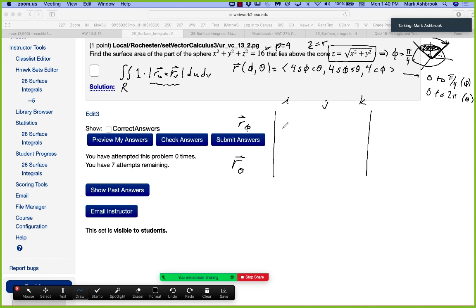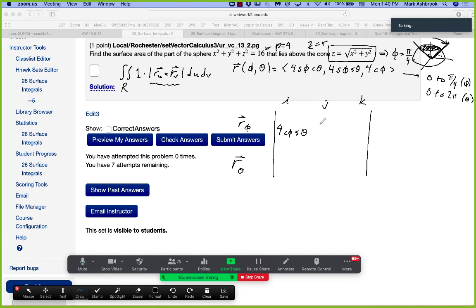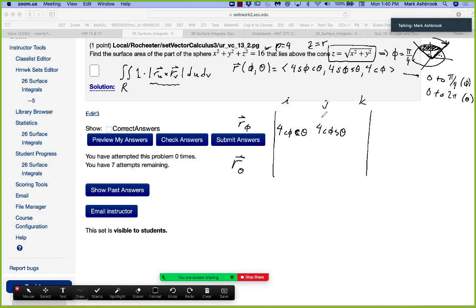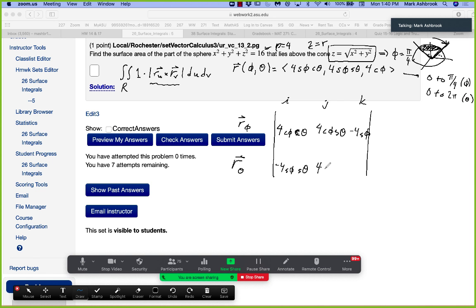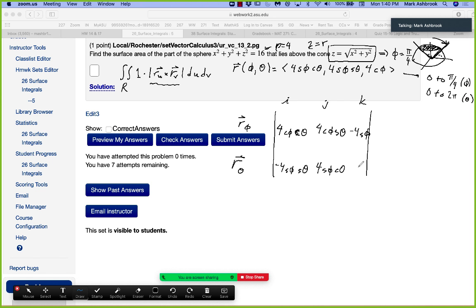So r phi is going to be 4 cosine phi cosine theta, 4 cosine phi sine theta, and then negative 4 sine phi. Check my math. And then for r theta, we'll get negative 4 sine phi sine theta, and then 4 sine phi cosine theta, and 0.